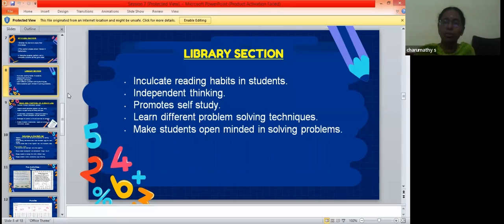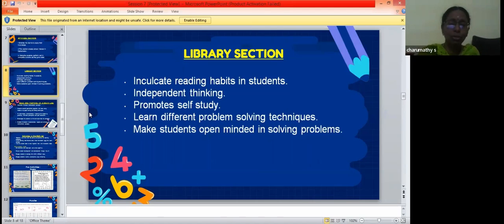So I was discussing why a library is important in the maths lab. Why is it so important? It inculcates reading habits in students. Independent thinking: here we have mentioned it as independent thinking because each child works on a different topic in a different way, so their thinking is also different.